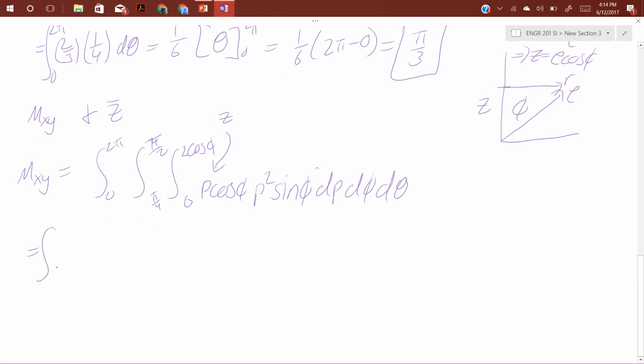So then this will equal 0 to 2 pi, pi over 4 to pi over 2, and we'll have rho to the 4th over 4 from 0 to 2 cosine phi, times cosine phi, sine phi, d phi, d theta.